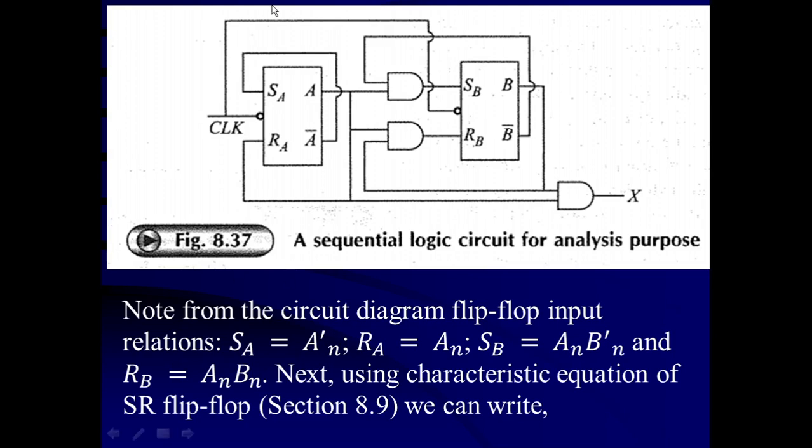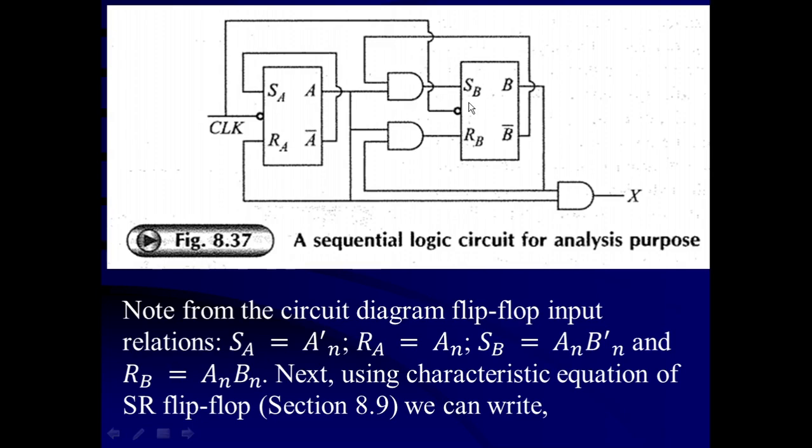You can see that in this circuit two RS flip-flops are utilized, designated flip-flop A and flip-flop B. Flip-flop A has the inputs SA and RA, which are the set and reset inputs, and its outputs are designated A and A bar.